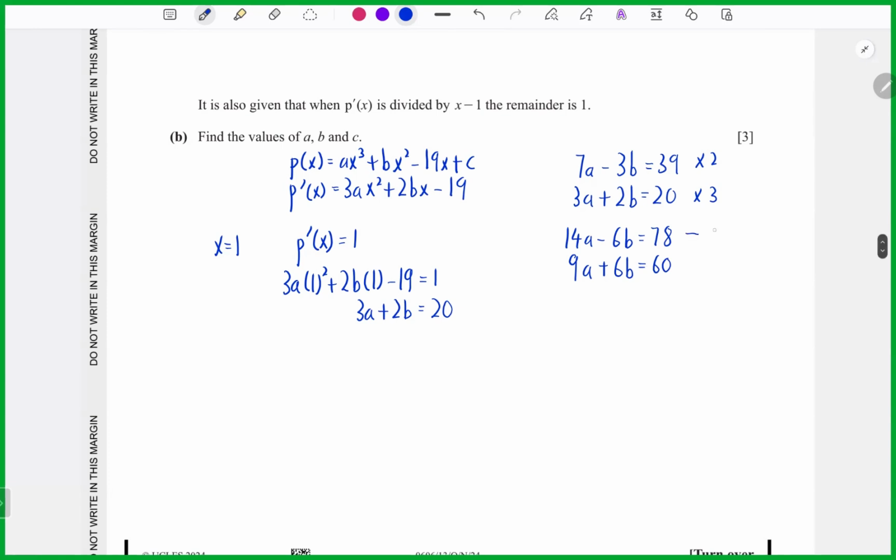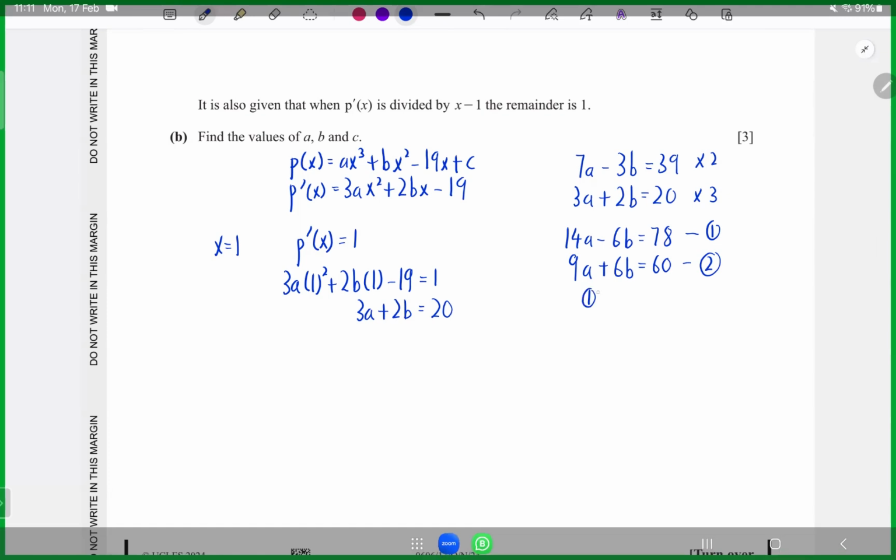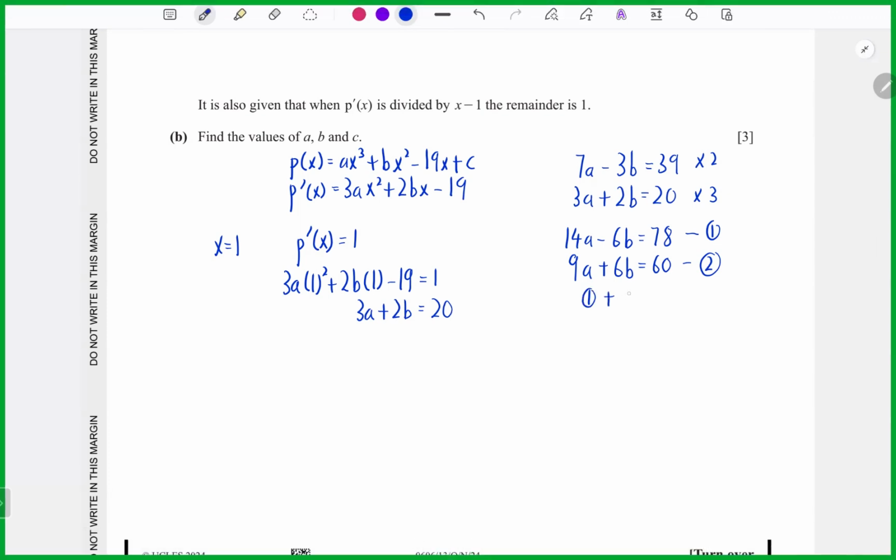So I write number 1 and number 2 equations. I can take number 1 plus number 2. So you will get 23a, so a equals 6.